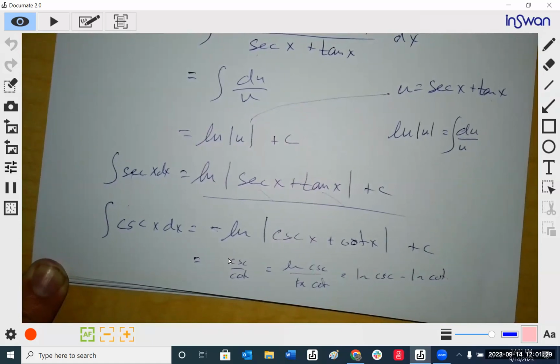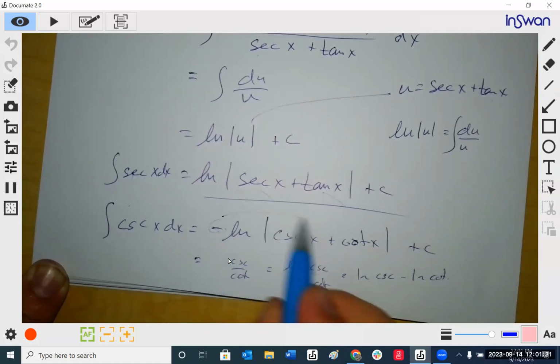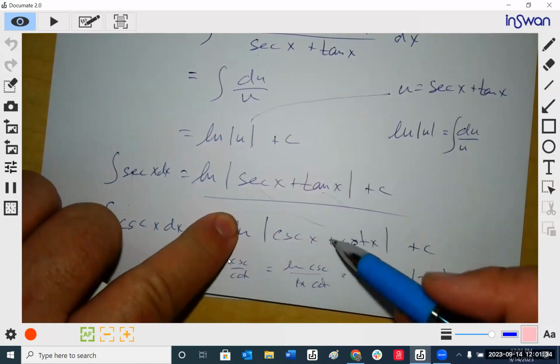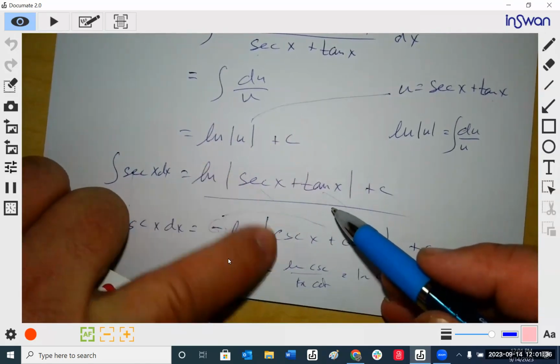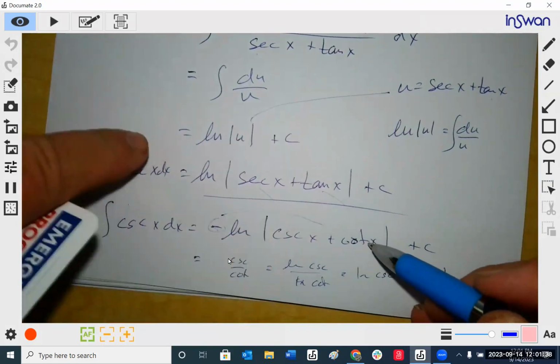So you put it inside there or there. I just learned it's easier because if you leave it as plus, the opposite of secant is cosecant, cotangent, and they're opposites.